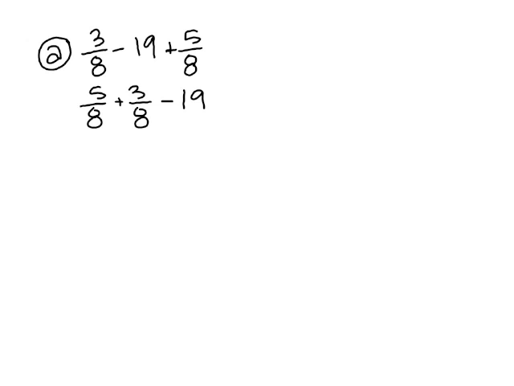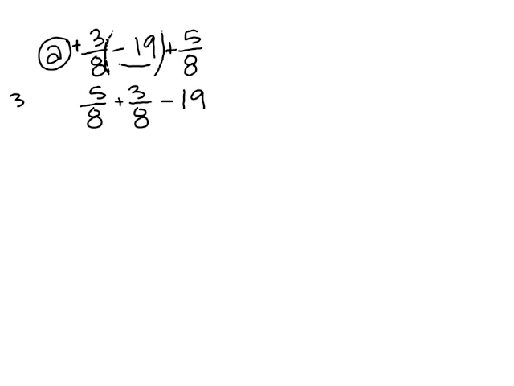3/8 minus 19 plus 5/8. So there's the tricky part. You have to keep the terms with their right symbol. The negative is associated here with the 19. So when I rewrite it, I need to keep the negative with my 19. This is a positive number, and this is a positive number.